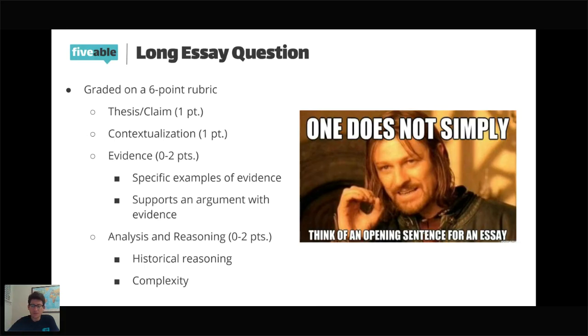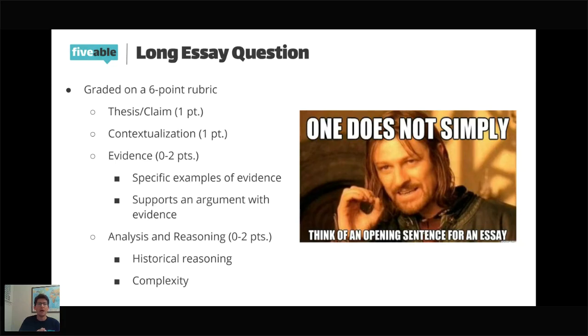Then if you use a historical reasoning skill, and those skills are defined by the College Board, and skills that you'll be using in class, whether it is the skill of chronology, causation, cause and effect, or understanding change and continuity, how things change over time, or probably stay the same, and why.